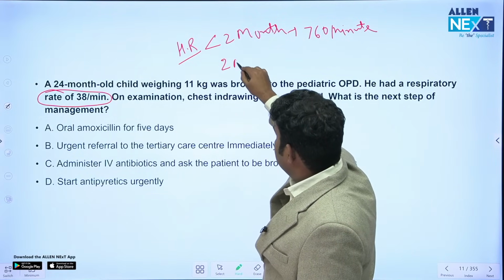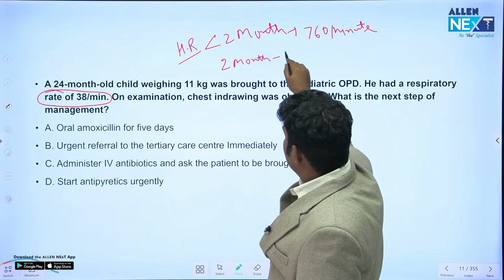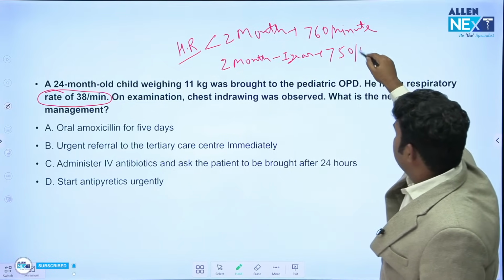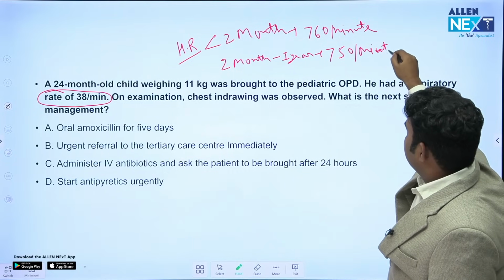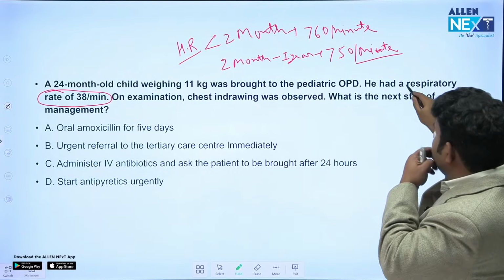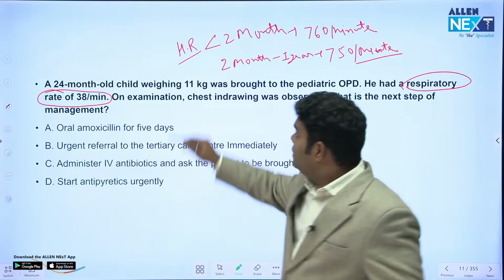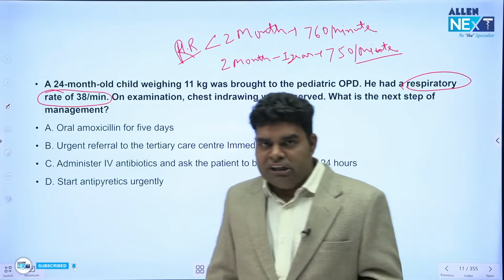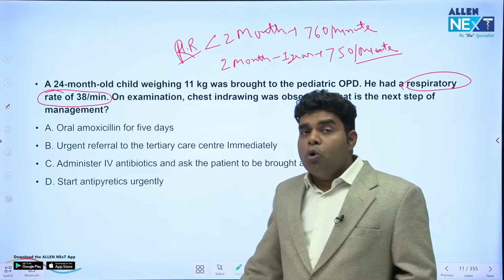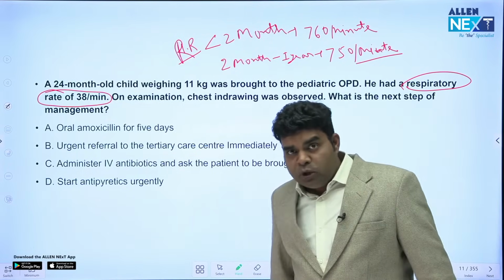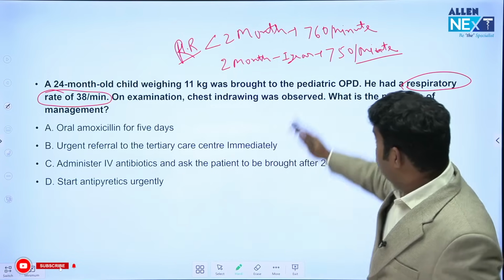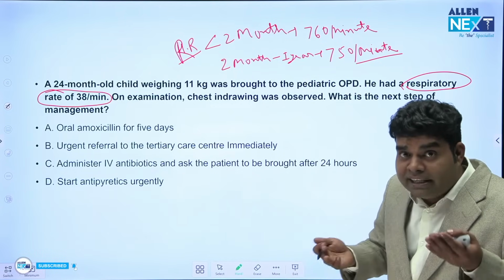If it is 2 months to 1 year, more than 50 per minute respiratory rate, not heart rate, respiratory rate, sorry, very sorry for that. Fast breathing we are talking about, so we have to talk about respiratory rate. Respiratory rate more than 60 for less than 2 months. For 2 months to 1 year, it should be less than 50. More than 50 is fast breathing, okay?